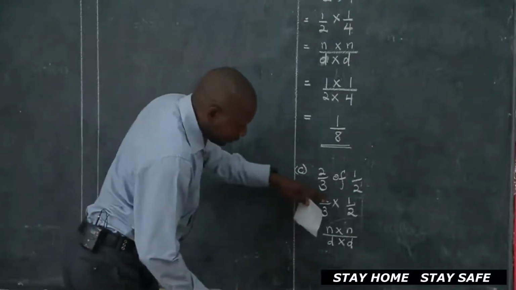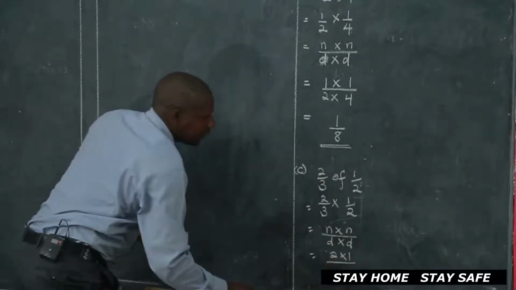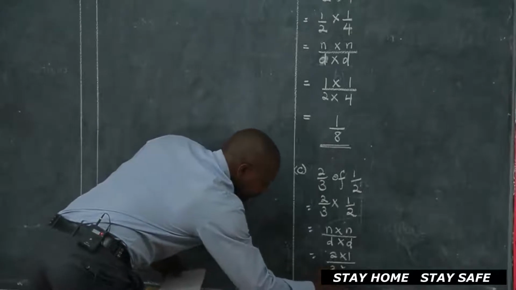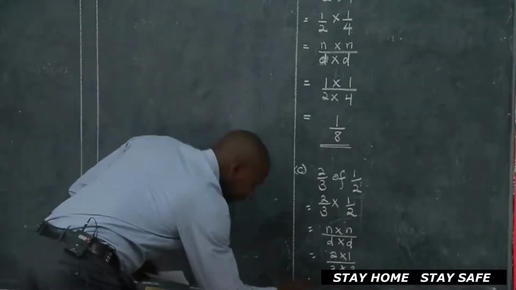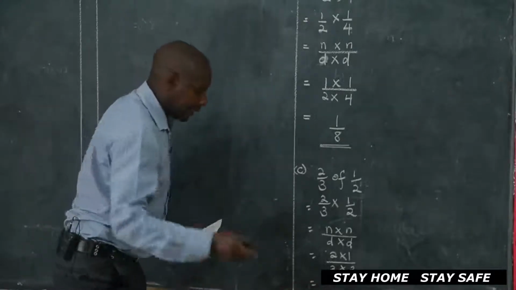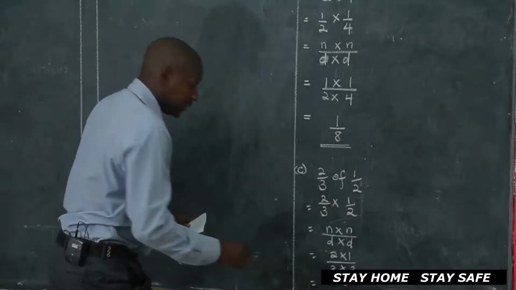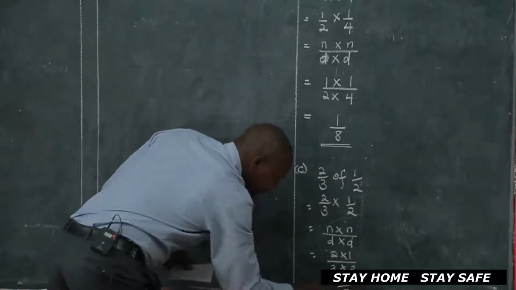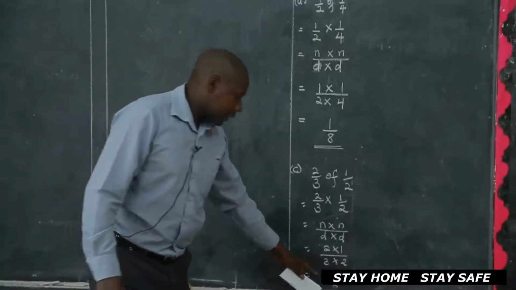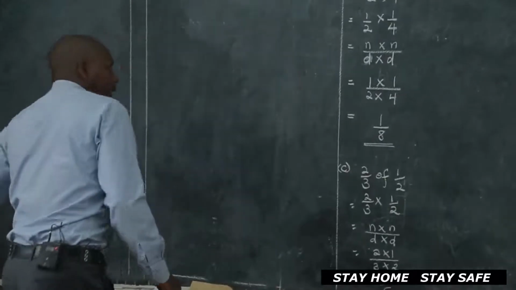Substitute. Here the numerators we have 2 times 1, and our denominators we have 3 times 2. Let's multiply and see. 2 times 1, what do you get? Somebody saying 2. What about 3 times 2? Somebody saying 6. I hope you got 2/6 as your answer for part C.